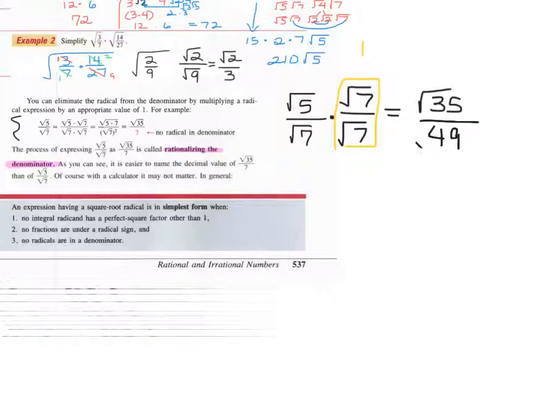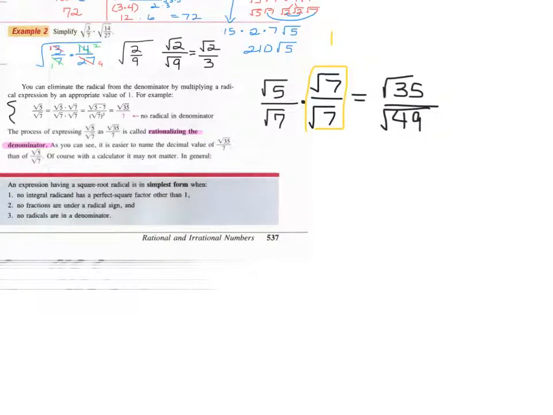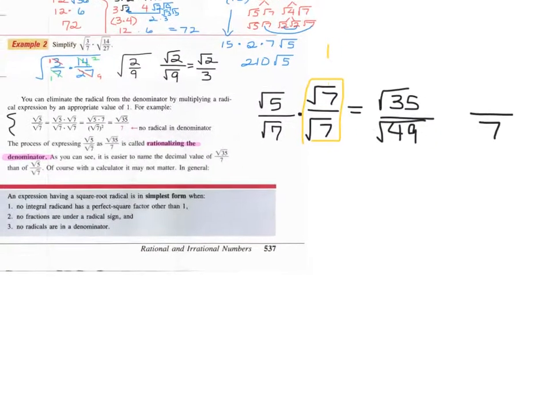Now, if you want to see it like this, it's really 7 times 7 is 49. 49 is a perfect square. However, you don't need to show me this. Just know that when you multiply a radical by itself, it causes the radical to go away. Now, I still have a radical in the top. I can leave that square root 35.